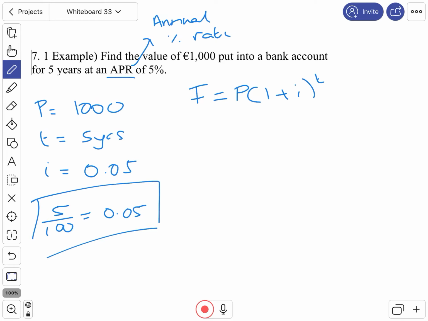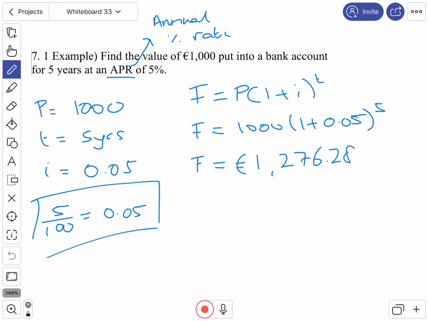So when I substitute in, F is the one I don't know, that's what I'm looking for: how much this gives me after these 5 years. I have 1 is always there, plus the interest of 0.05, and my time is 5. I put the whole thing into the calculator, and I get €1,276.28. I always round to 2 decimal places for these kinds of questions because we're talking about money.